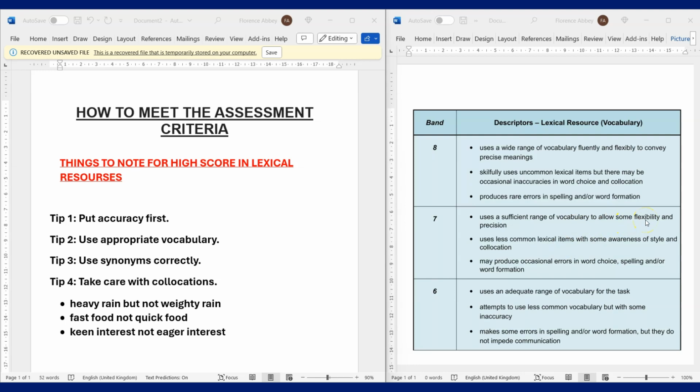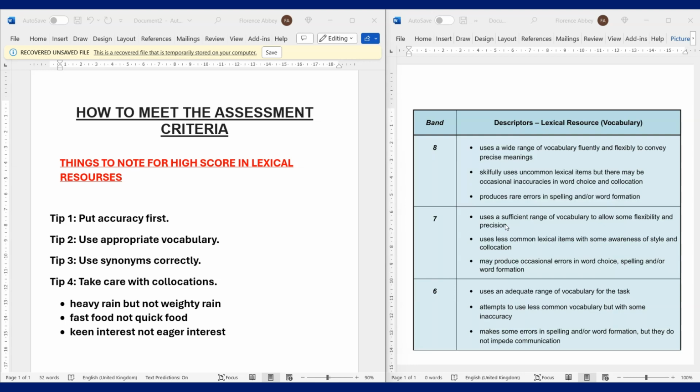He is flexible and precise. That is very important when you are writing your essay or your letter. You need to be precise, and by being precise, you also need to be flexible. That means you are using the words in a way that you don't keep repeating yourself, but it's well understood.